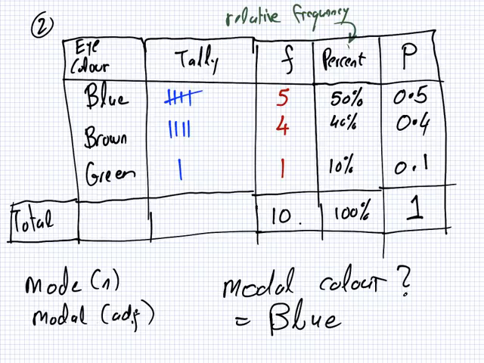How could I ask for a modal colour using the noun mode? I could say, what? Colour mode. I like it, but not as difficult as that. Just what is the mode? So modal here I'm using as an adjective. So I'm helping you by telling you it's the most common colour. But if I just said what is the mode, you would say the colour blue is the mode.